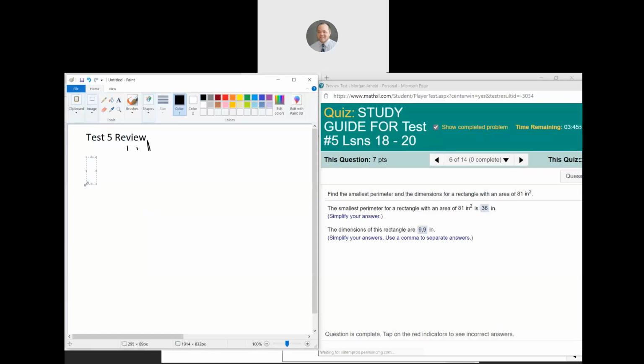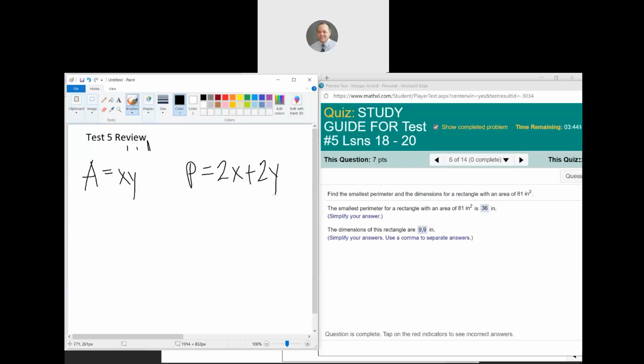So area is equal to length times width, or x times y. And the formula for perimeter for a rectangle is 2 times the length, or 2x, plus 2 times the width, or 2y.